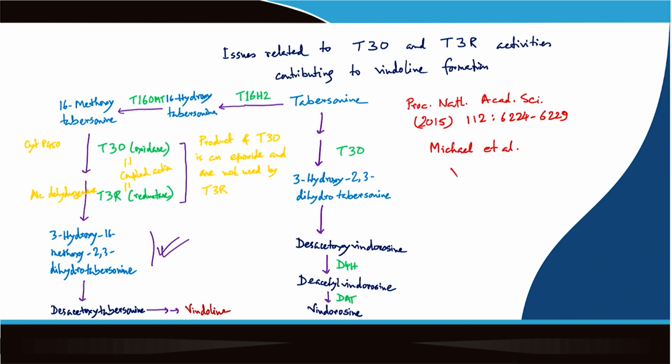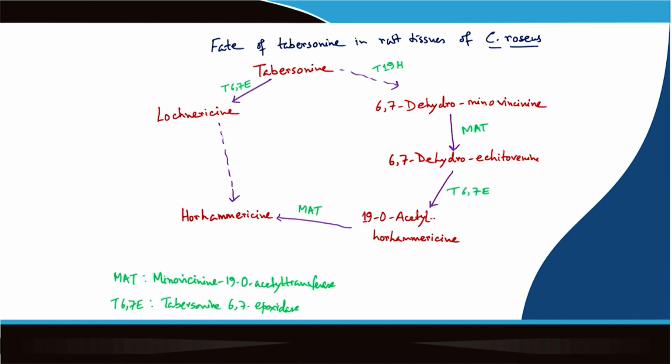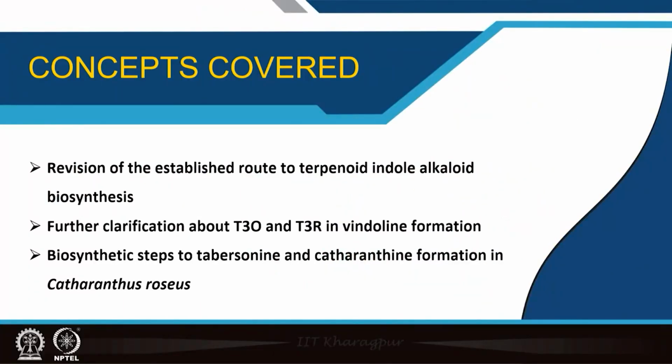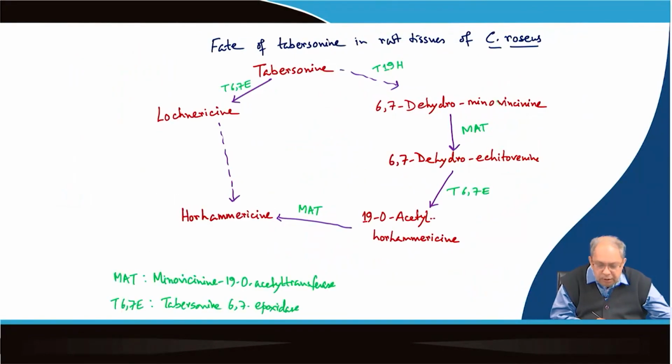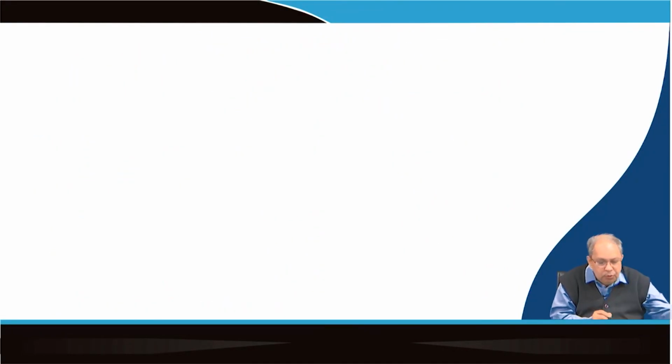And the group leader is Vincenzo De Luca from Canada. So, this is basically the question which I said at the beginning, that is clarification about the T3O and T3R in vindoline formation.